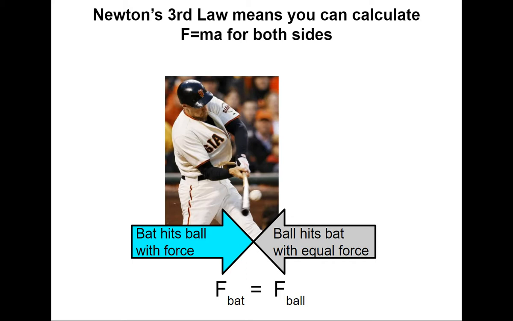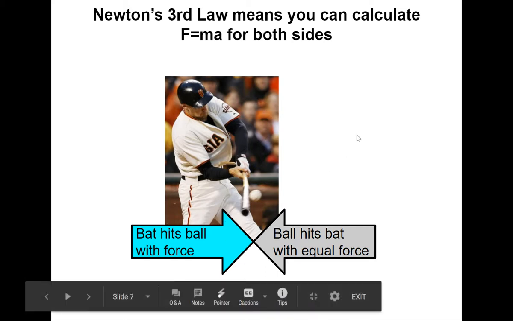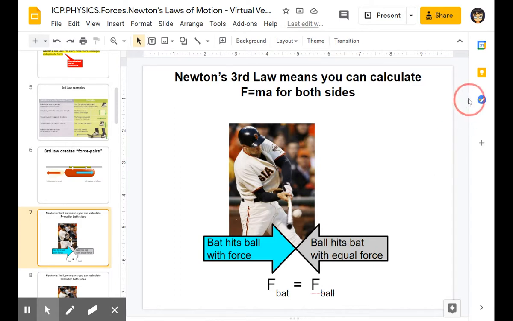Now, this leads to the more complicated, more advanced calculating thing to do. So if you've got these force pairs, and they're always the same size, okay, same size but different direction, exactly opposite direction, that means if you've got F equals ma, you can do that on both sides.